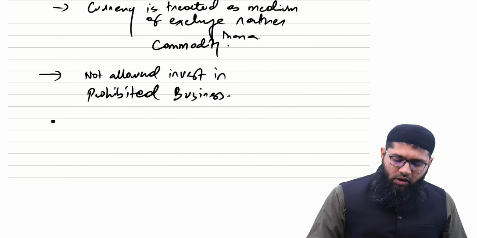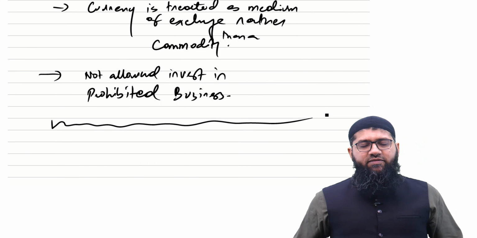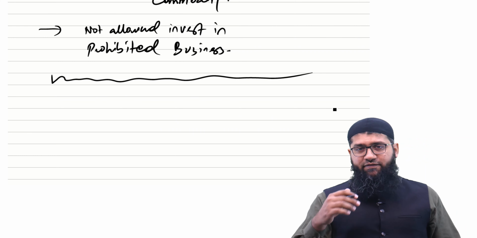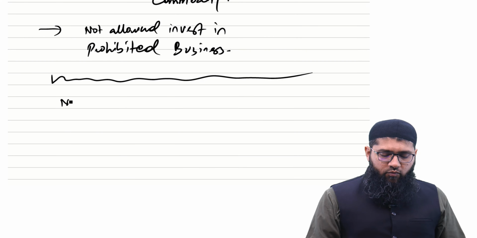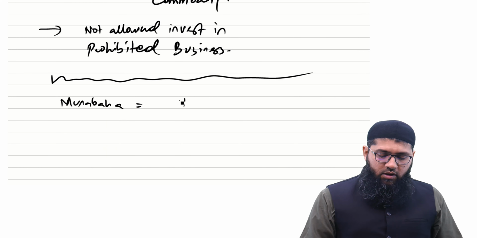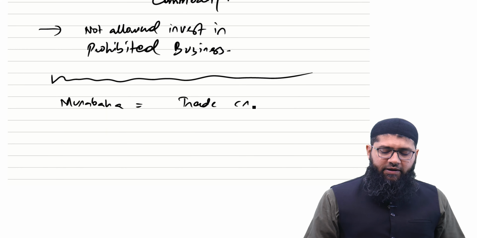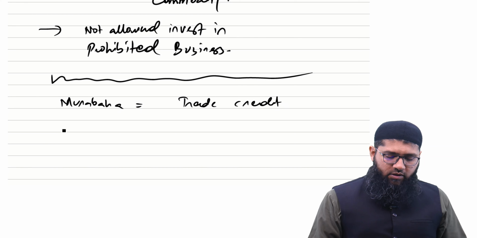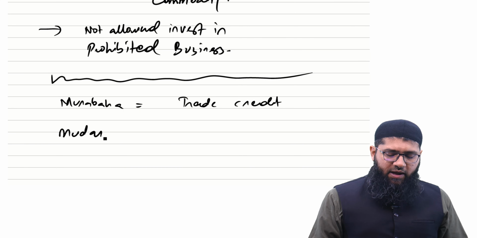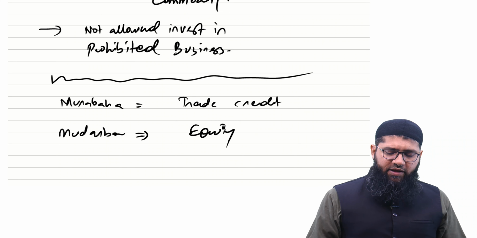Now, there are different types of Islamic financial products. What are those different types? One of them is called Murabaha. Murabaha is just like trade credit. One of them is Mudaraba. It's just like obtaining equity finance. One of them is Musharaka.